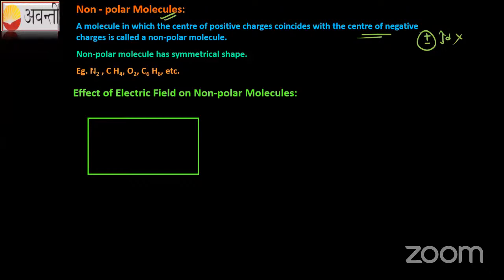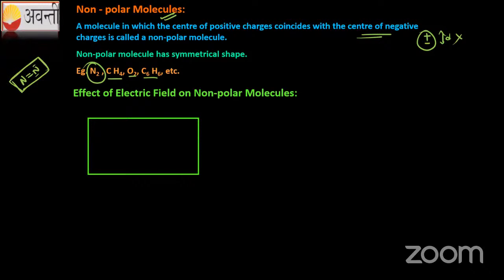Okay, non-polar molecules के लिए example N2 means nitrogen है, O2 oxygen, CH4, C6H6 benzene है. Okay, इधर देखो N2 while writing what you will write? N double bond N, right? कोई नेगेटिव चार्ज भी नहीं है इधर.